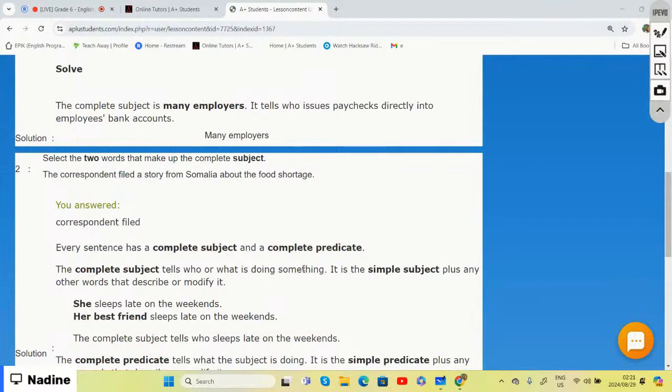It says the correspondent filed a story from Somalia about the food shortage.